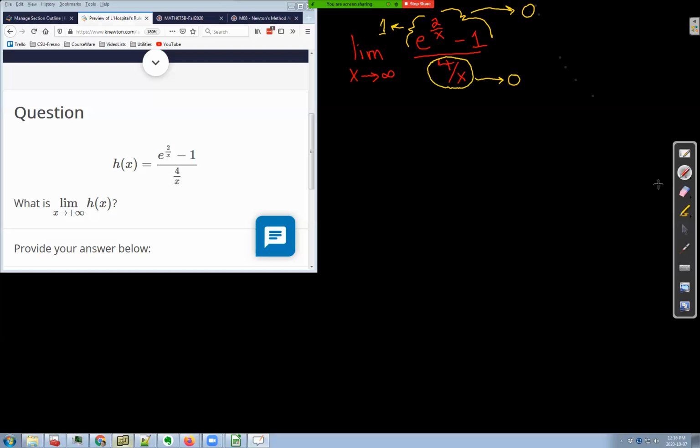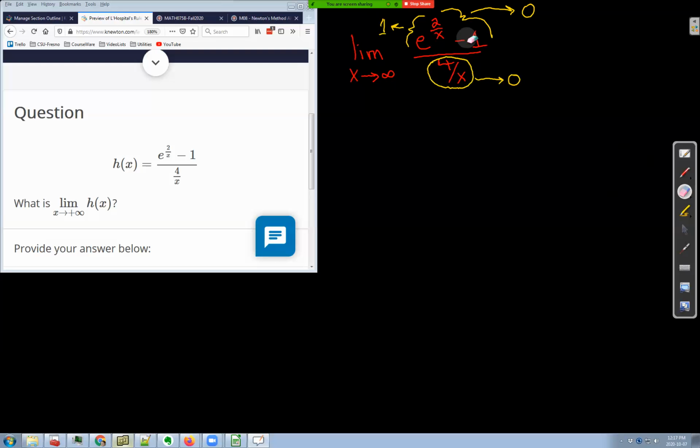So it's sort of just a chain reaction, and you kind of have to just look at it. Don't try to take shortcuts. Don't try to do too much at once. Like I said, just look at it one piece at a time. Like I looked at this, the 2 over x was getting close to 0. And then I think, well, what's e to the 0? Well, e to the 0 is 1. So this part here is getting close to 1.